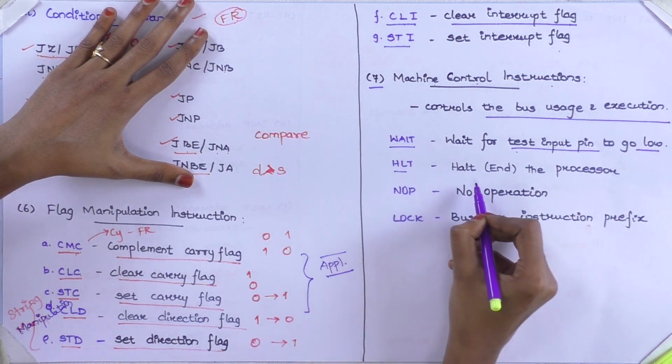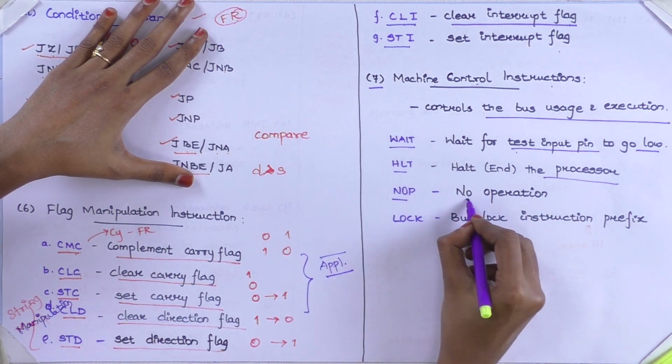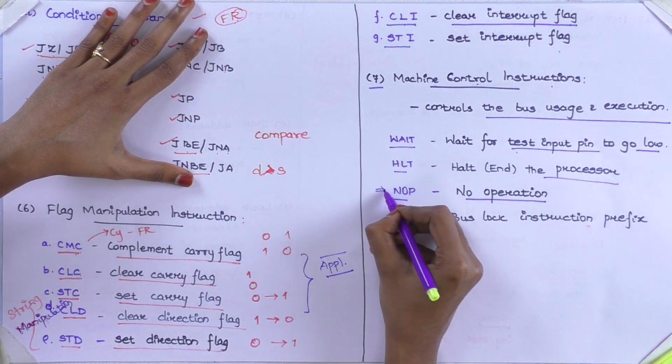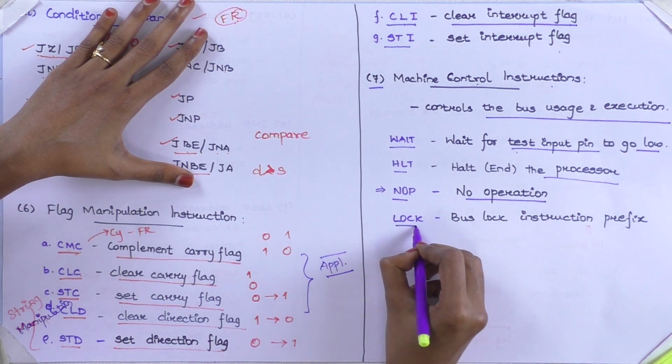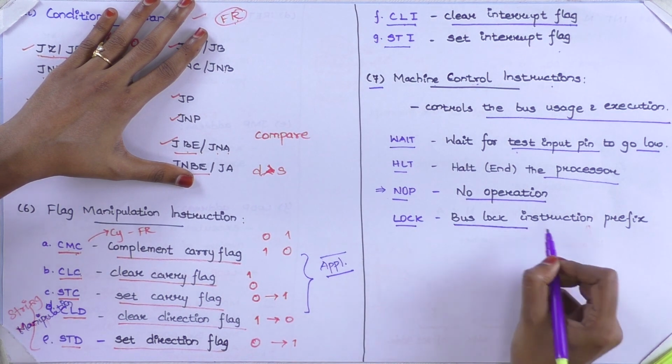Halt means it will end the processor execution. NOP is no operation. The processor will not perform any operation while it is executing NOP. Then the lock instruction. This will lock the bus, and it is used as a prefix. Fine. So these are all the instructions of the 8086 microprocessor.